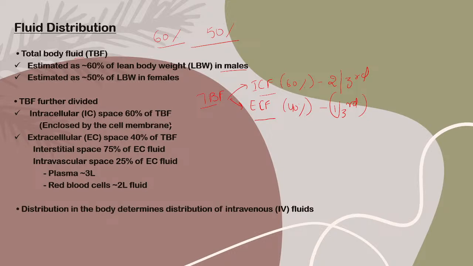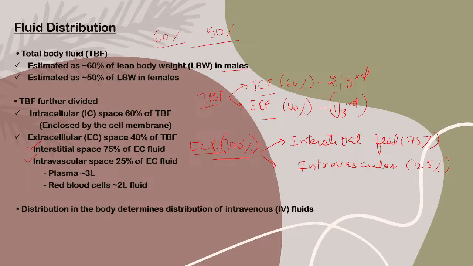So outside the cell there are tissues also, vessels also. This extracellular fluid is further divided into interstitial fluid and intravascular fluid. If ECF is 100%, interstitial fluid is around 75% of total extracellular fluid, and intravascular is around 25%.